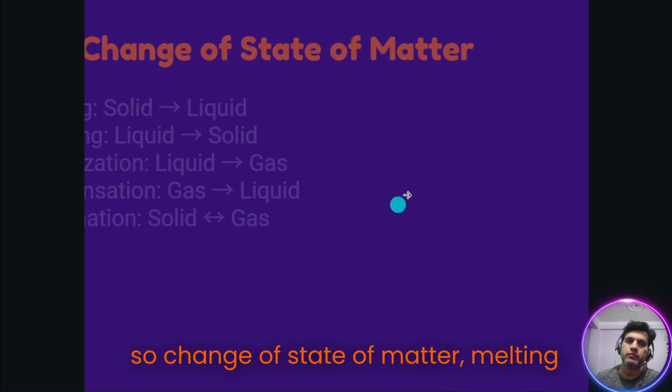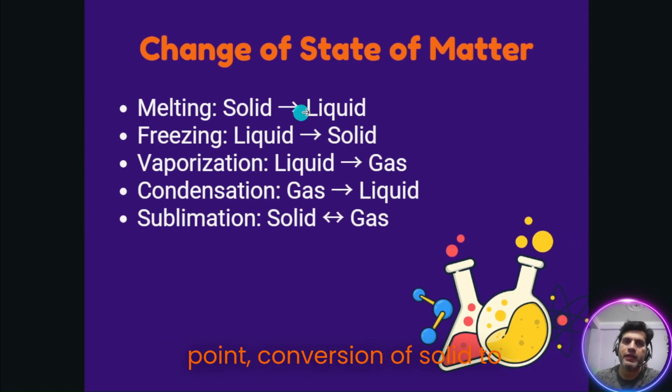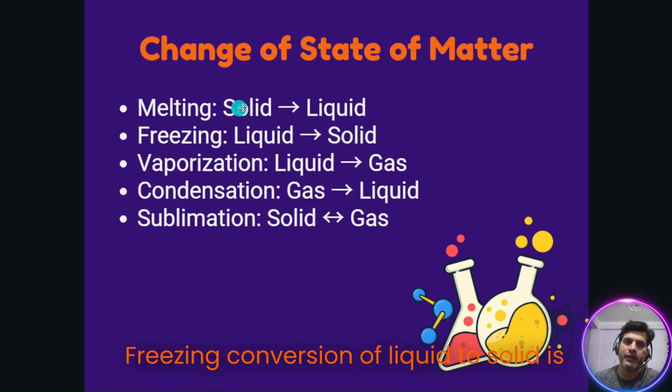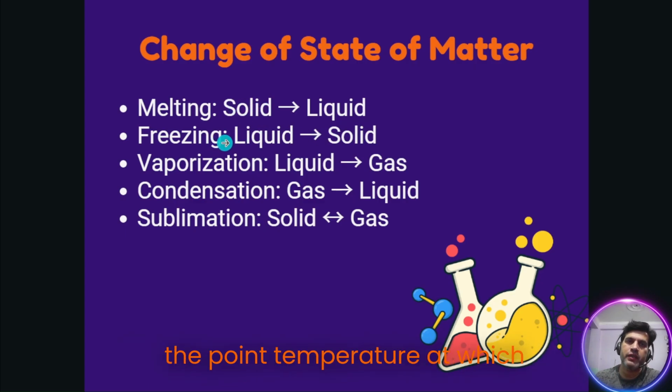so, change of state of matter. Melting point: conversion of solid to liquid is called melting, and the temperature at which it starts melting is called the melting point. Freezing: conversion of liquid to solid is called freezing, and the freezing point is the temperature at which liquid starts to convert into solid.